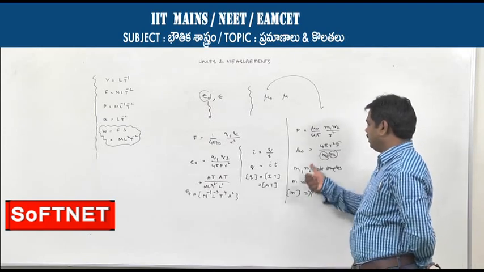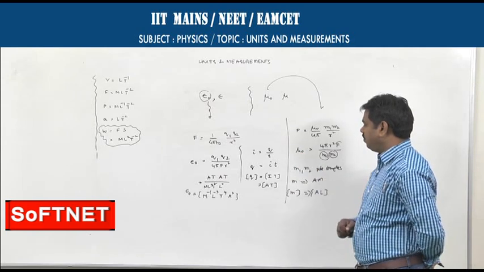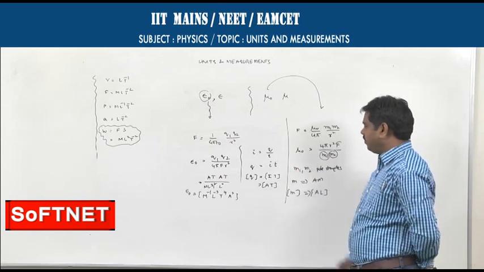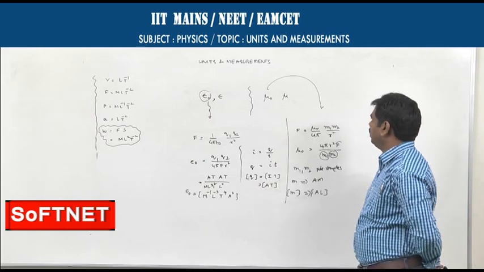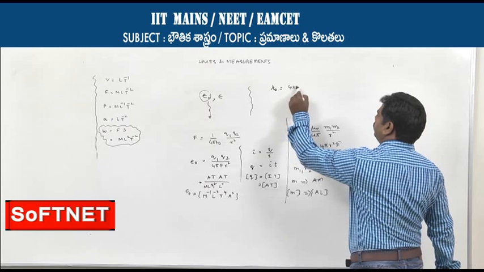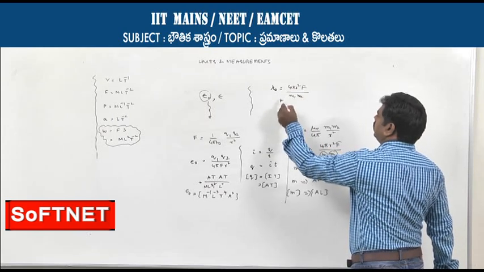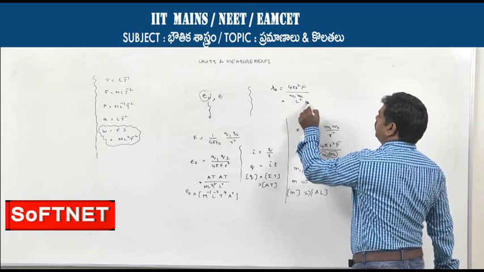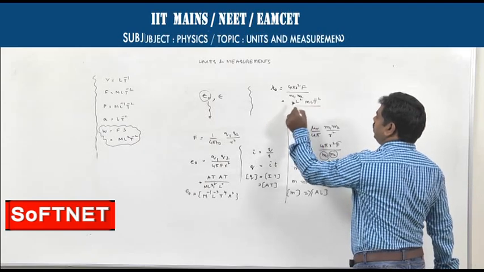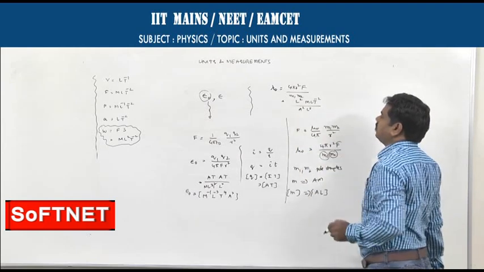Now by substituting these values, you will get the dimensional formula of the permeability of the free space. Let us see how to get that one. Now I got here mu naught is equal to 4 pi r square F by m1 m2. R square is nothing but L square. F is M L T power minus 2. Pole strength is A L, that is A square L square.